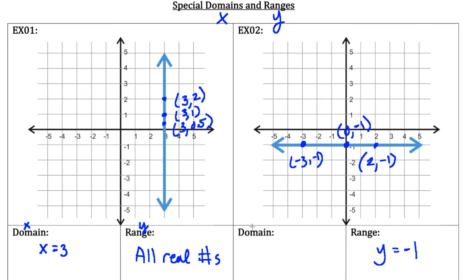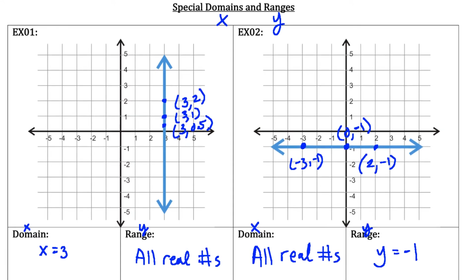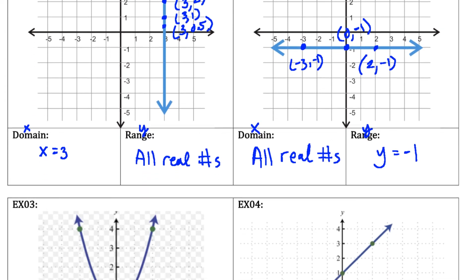But if you look at the x values, the domain values go forever this way because of the arrow, and forever this way, forever in the negative direction, forever in the positive direction. So the domain in this case, the x values, are all real numbers. The reason why I say real numbers is because eventually you're going to encounter imaginary numbers, but you won't get to that till later.